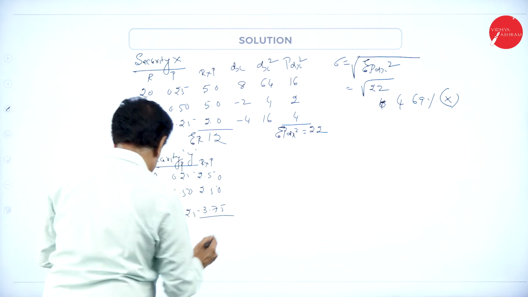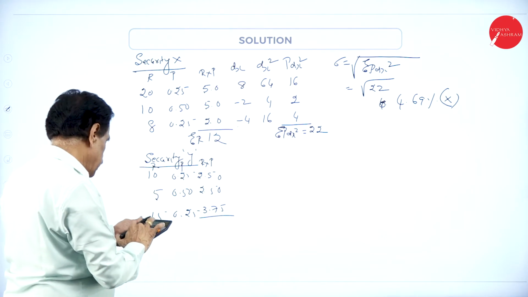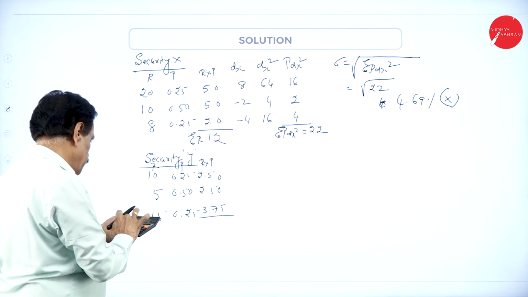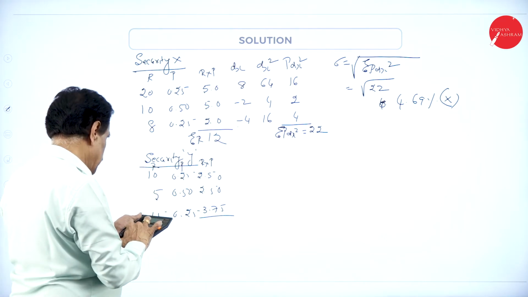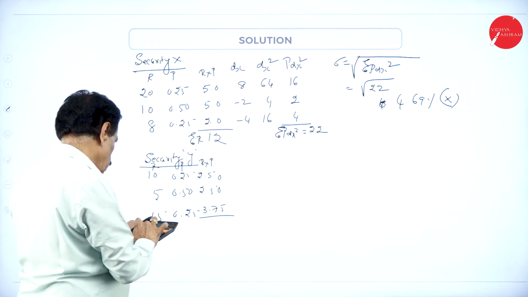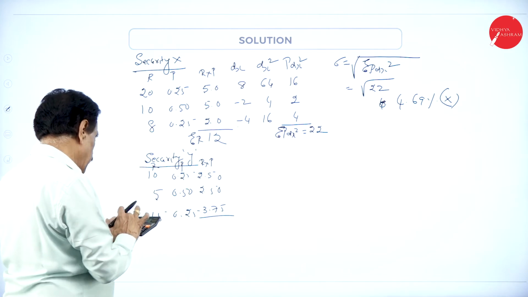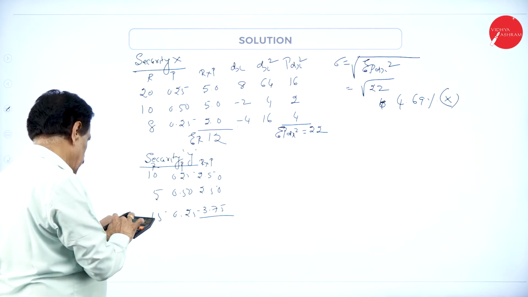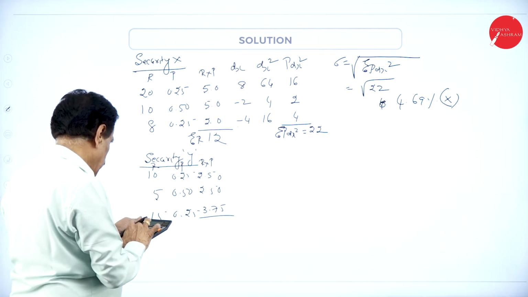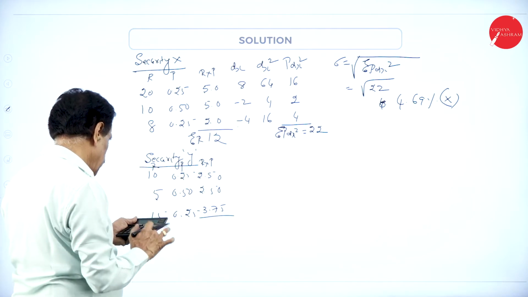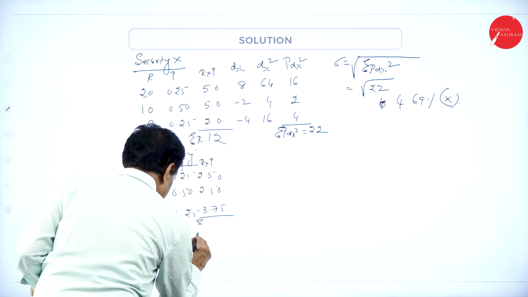Add the figures: 2.5 plus 2.5 plus 3.75, expected return 8.75.